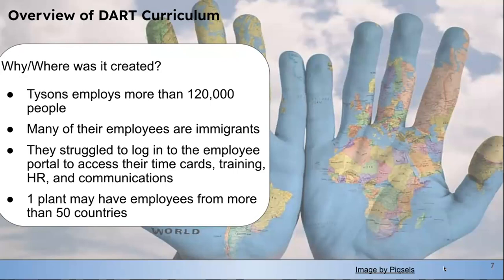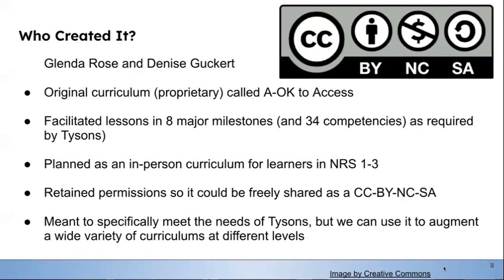Many of them are immigrants, and they just really struggled to do the processes that they needed to do to start and finish their day, and all of the other HR tasks that they needed to take care of. One factory or plant may have workers from about 50 different countries. So it wasn't as easy as just saying, oh, well, we will translate this into X language. They just kept coming across struggles as they tried to support their employees.